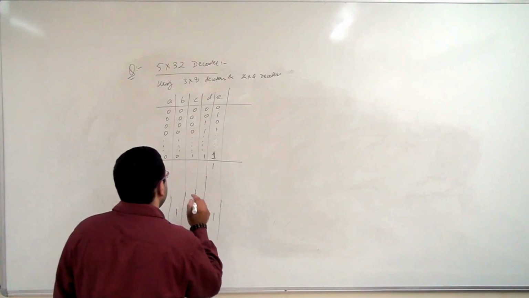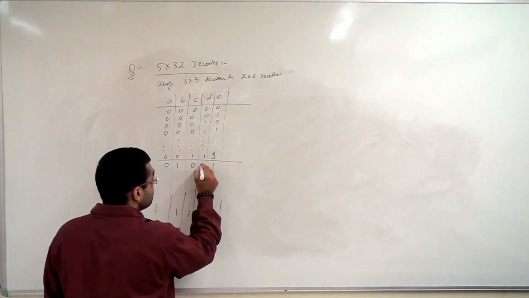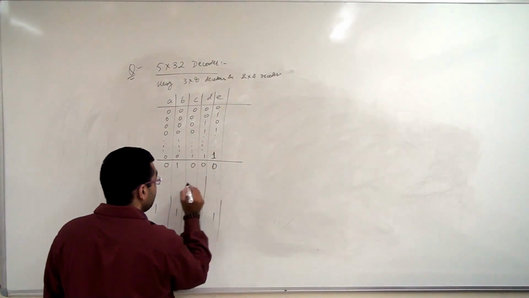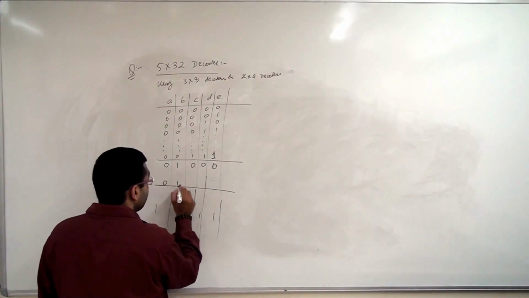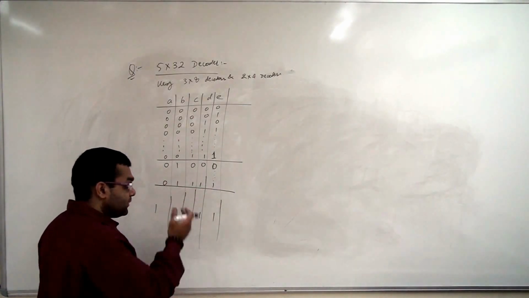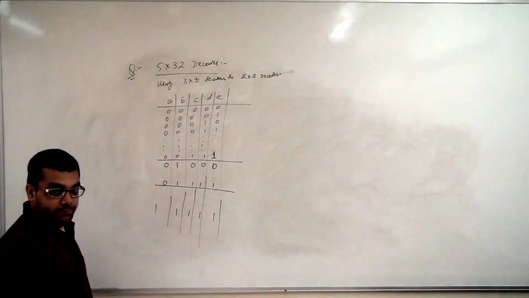Similarly, our second partition we have 0 1 now, going from 0 0 0, so on up till we will have 0 1 1 1 1. Similarly for third partition, fourth and fifth.